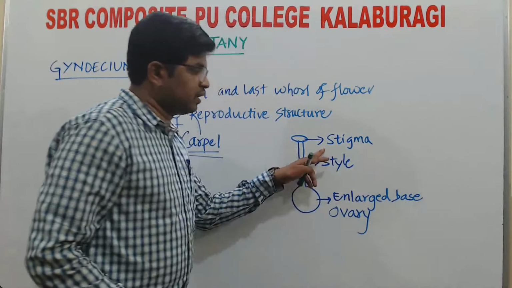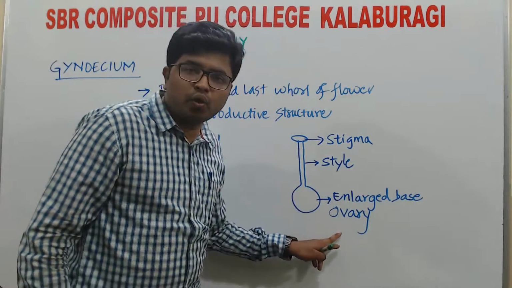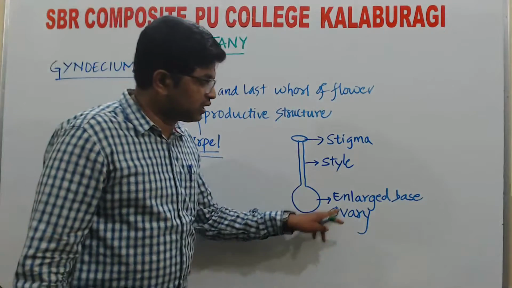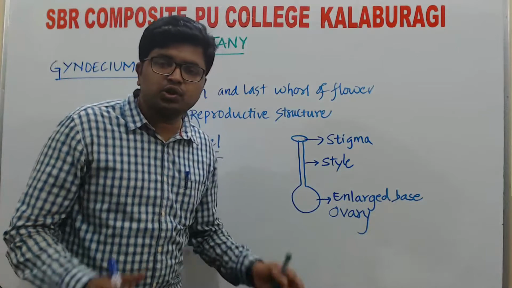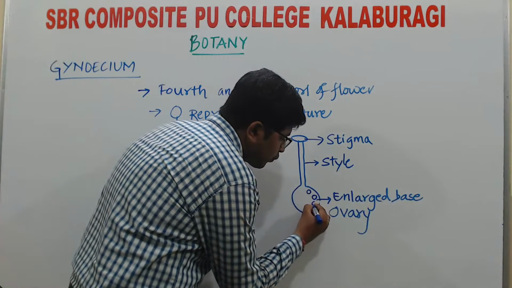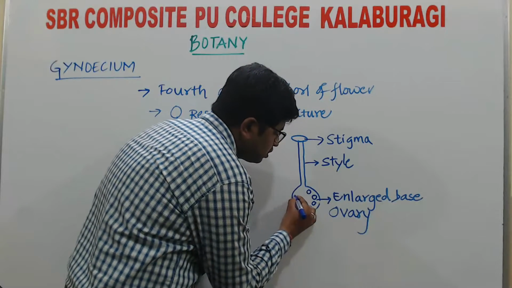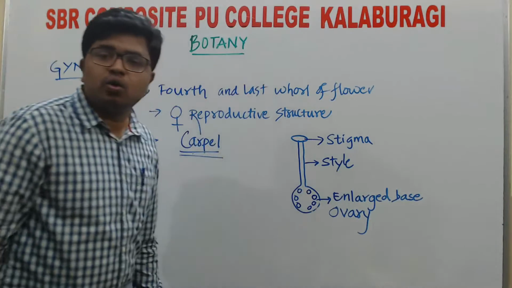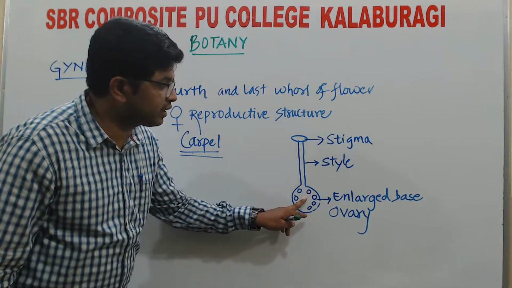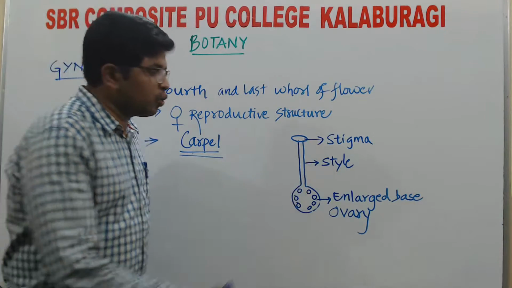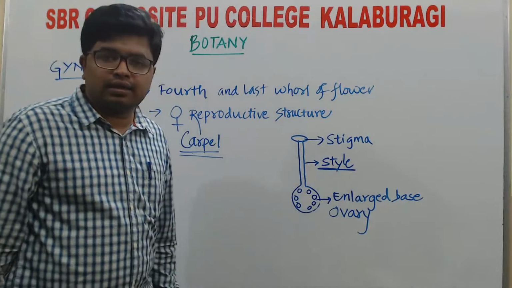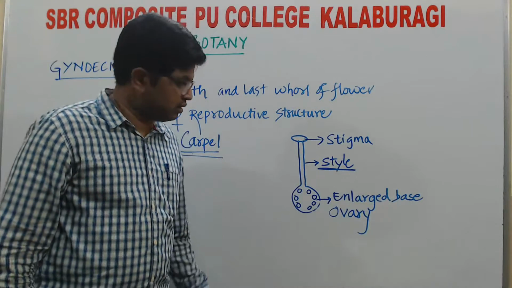So, stigma, style, and ovary all together is the carpel. Ovary is the enlarged base, which will be having ovules. Remember, you will be having ovules, and this ovary is connected to stigma via the tube-like structure, which we call style.